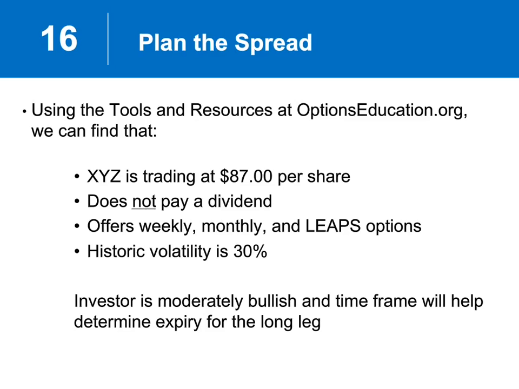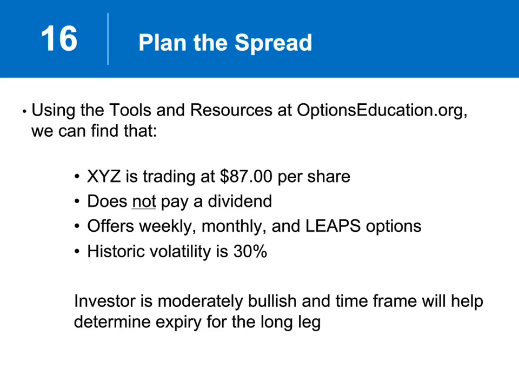Finally, we've also been able to note that the historic volatility of this stock is currently 30%. The investor is moderately bullish and has approximately a 4-month time frame. This is helpful for the strategist in selecting the expiration for their long leg or their buy side.